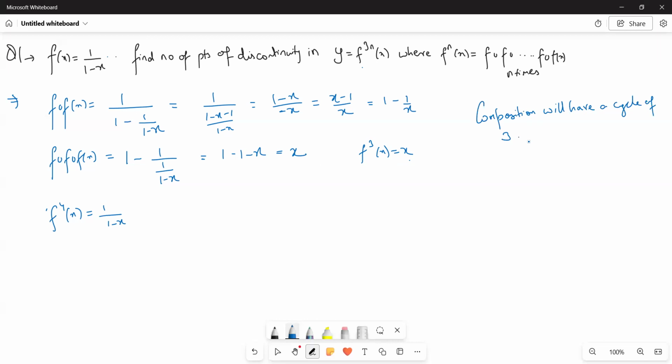After every 3 consecutive compositions, the values of the compositions will repeat. f of 4x will be this, f of 5x would be 1 minus 1 by x, and f of 6x will come back to x.